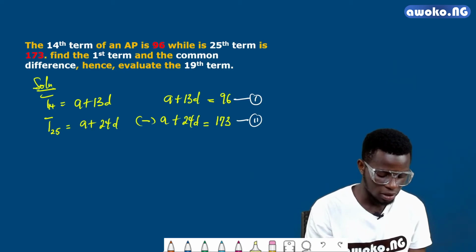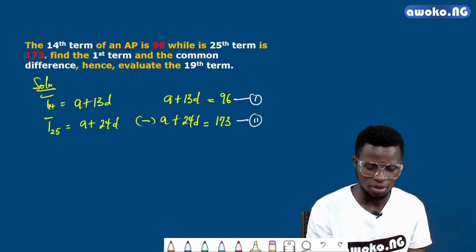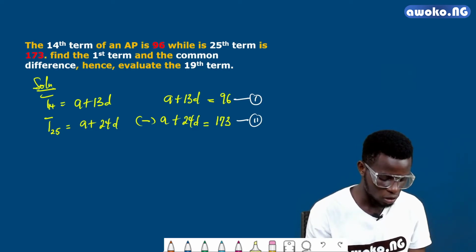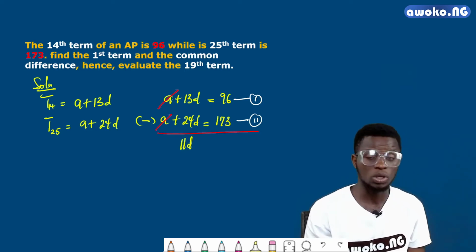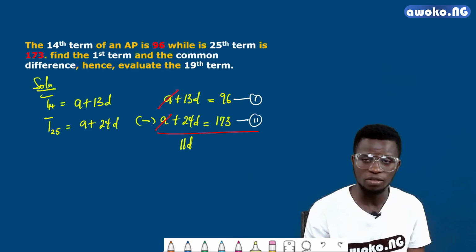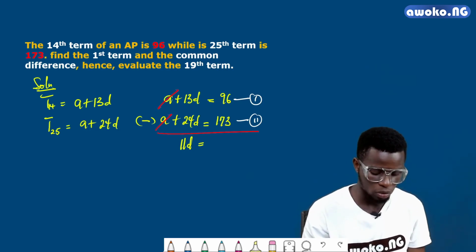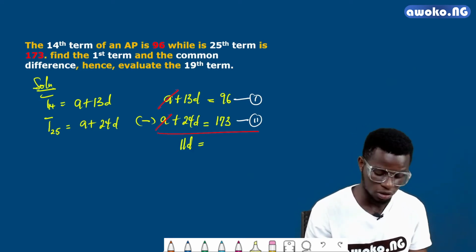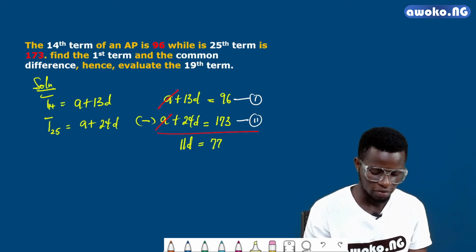To do that, I would include a negative sign outside here. So A minus A, of course, will give me 0, and 24D minus 13D is going to give us 11D. And this will be equal to 173 minus 96, which is going to give us 77.